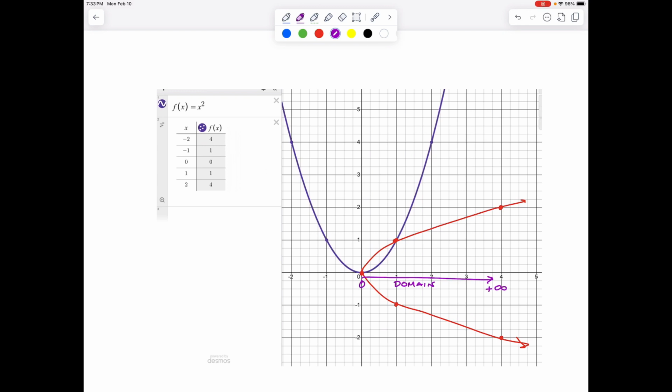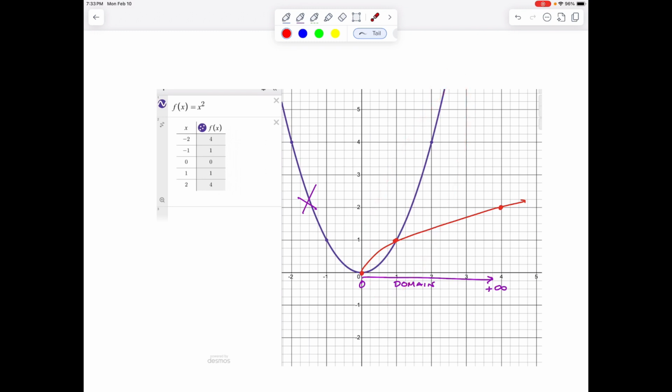And if we just take the right side of that graph and ignore the left side, when we invert those points, we're going to leave these points behind. We're just going to be leaving the points that are in the domain of this side.